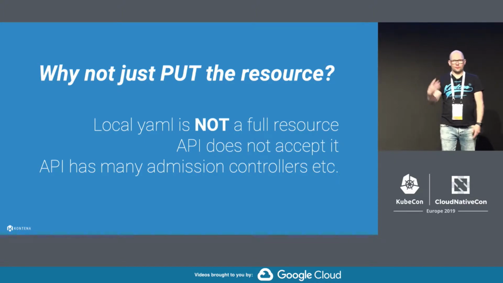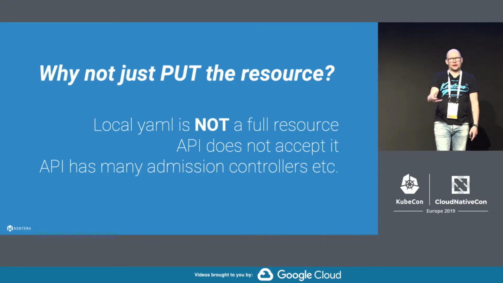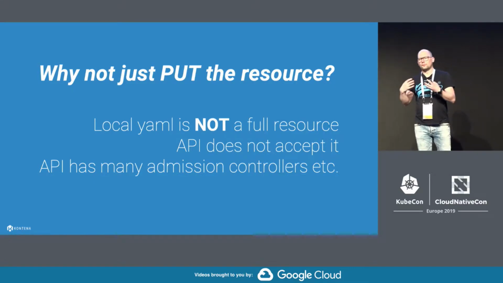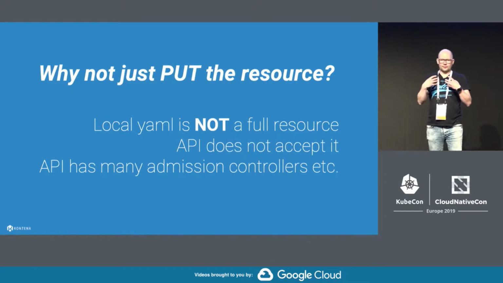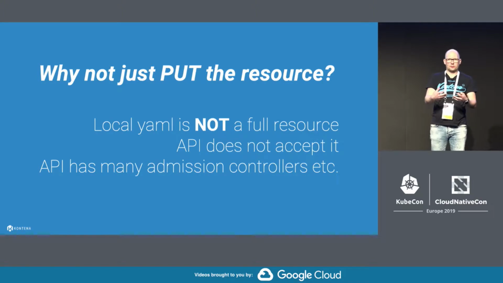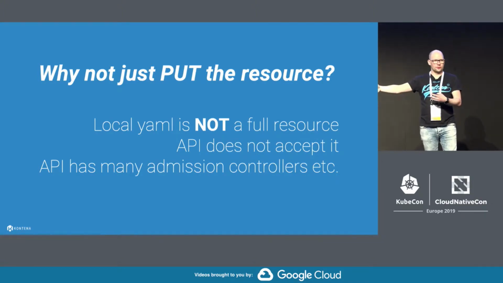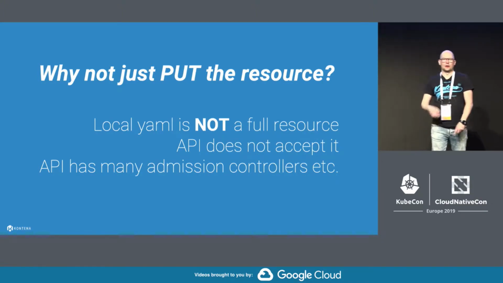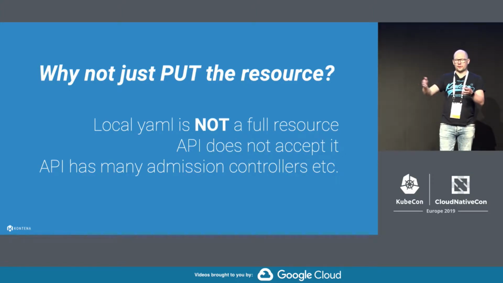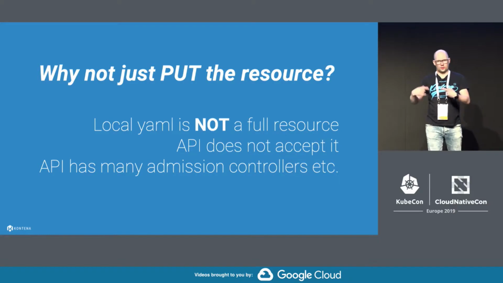There's a lot of defaulting happening in the API, when the objects are marshaled from JSON to Golang and back to JSON to etcd. And also remember that on the request stages, we have these admission controllers, which can actually mutate your objects.